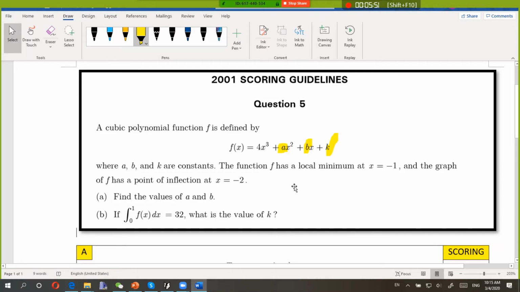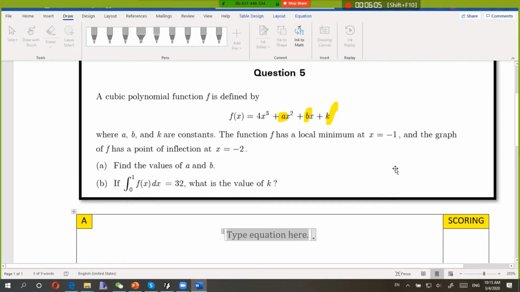If I have a local minimum at x equals -1, what would have to be true about this function at x equals -1? 0. The slope would be 0. Okay. So I'm going to derive this function first. So we could say f prime of x would be equal to what?